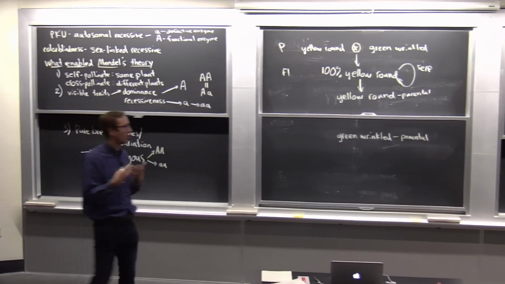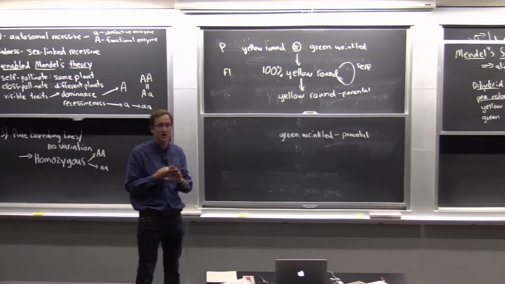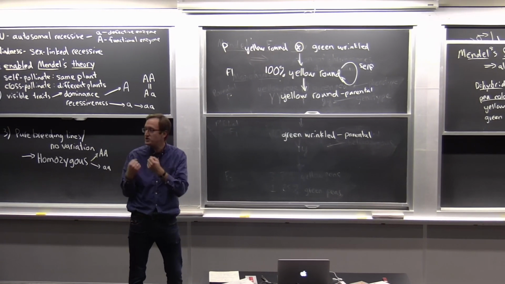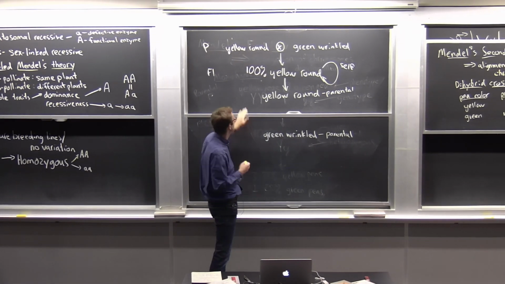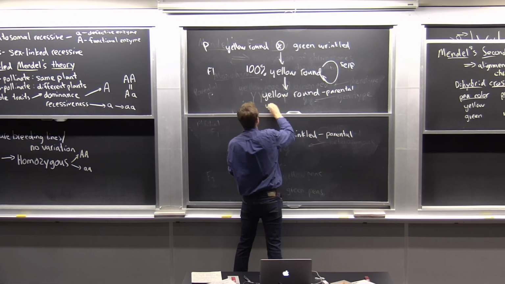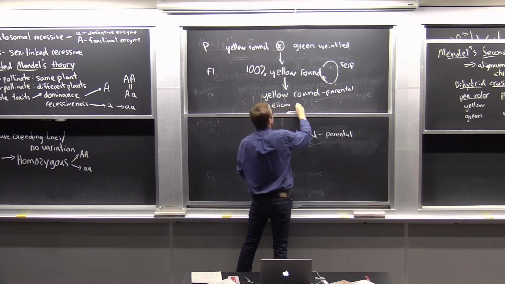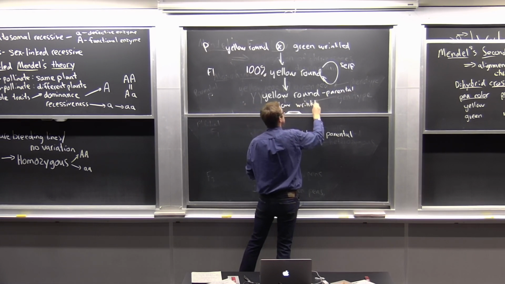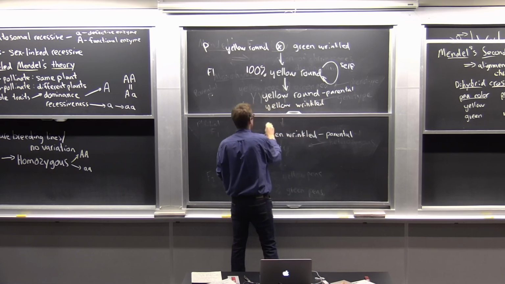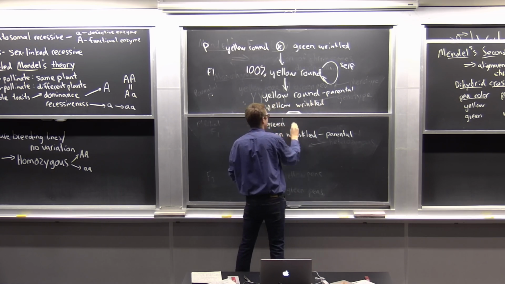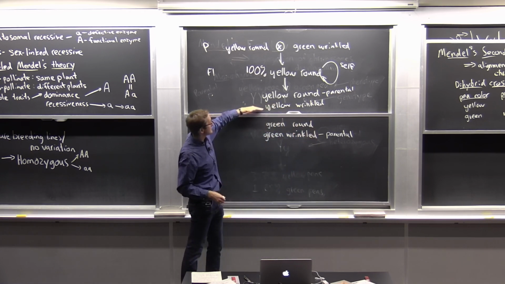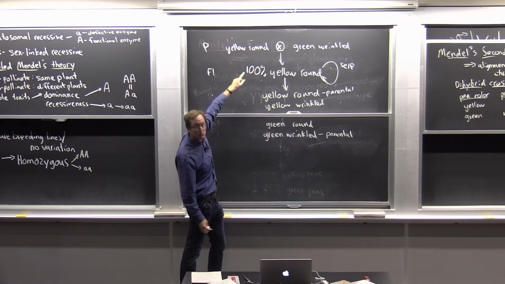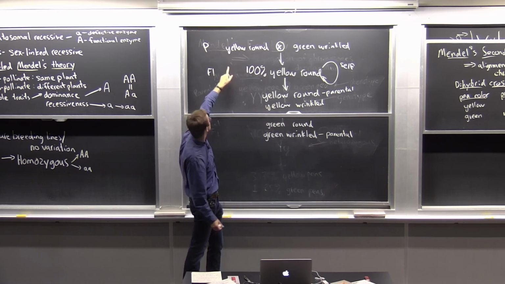But what Mendel observed was two other classes of progeny which were different combinations of these traits that weren't present in the original parental generation. Those were yellow wrinkled peas and green round peas. So you'll notice that this combination of traits, yellow and wrinkled, is not present in the parental generation.